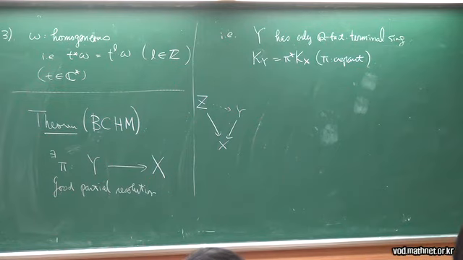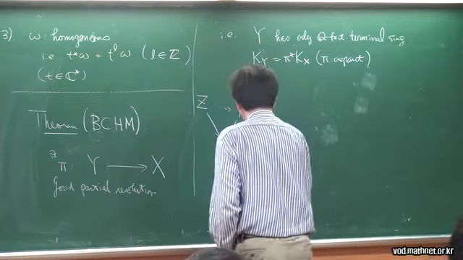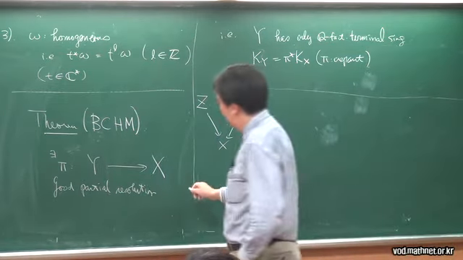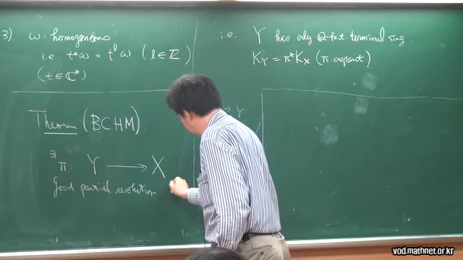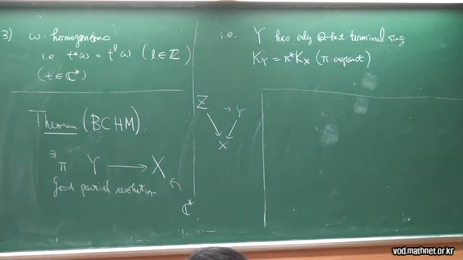Now, because X is conical, you have a good C-star action.